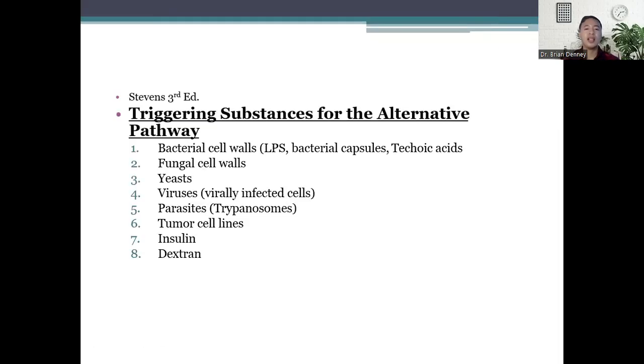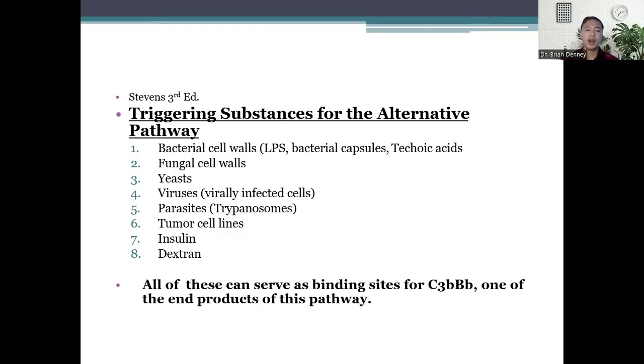These are other triggering substances for the alternative pathway. We have bacterial cell wall components: I mentioned lipopolysaccharide, capsules, and teichoic acids. We also have cell walls, viruses, parasites, tumor cell lines, insulin, and dextran. All of these serve as binding sites for C3bBb, one of the end products of this pathway.